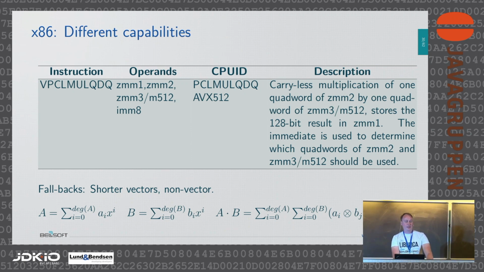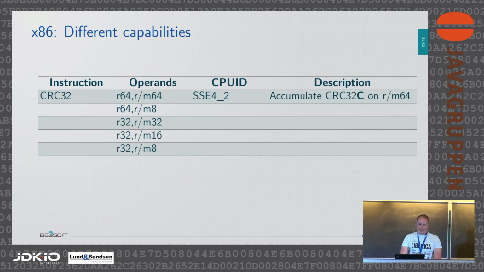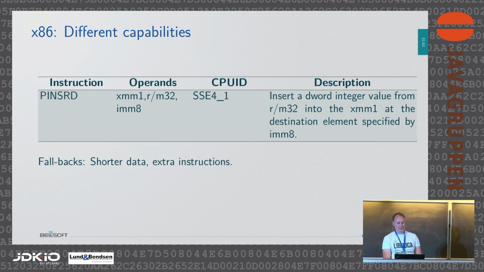There's a bunch of them in SSE, in the special instruction set whose name I can't spell. There is also a special speed-up instruction for CRC calculation, which calculates one step of the CRC algorithm, actually a part of CRC32C calculation. There are also other instructions that may be useful in implementation.